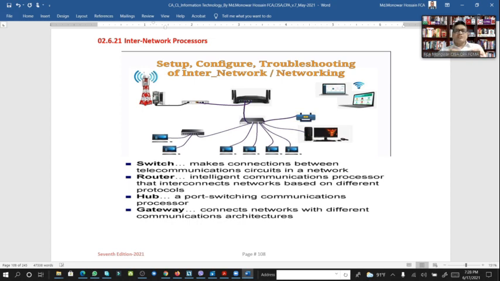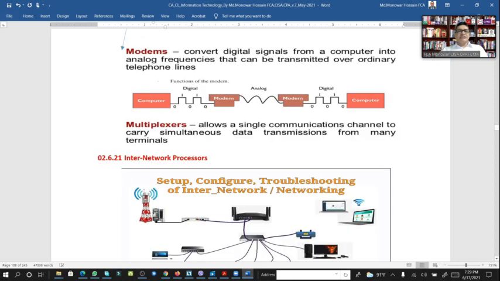A switch makes connections between telecommunication circuits in a network, and a router is an intelligent communication processor that interconnects networks based on different protocols. Also, a hub is a port switching communication processor. This way we can say what an internetwork processor is.